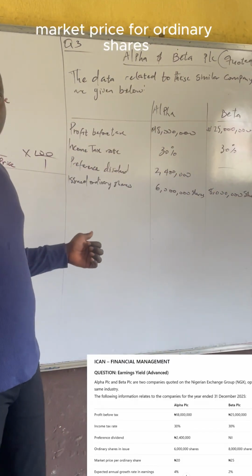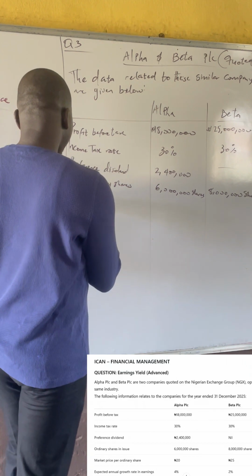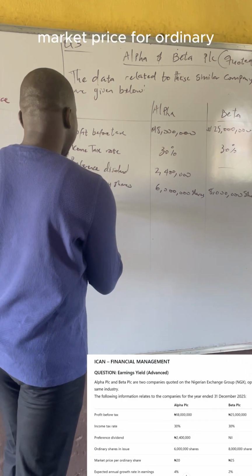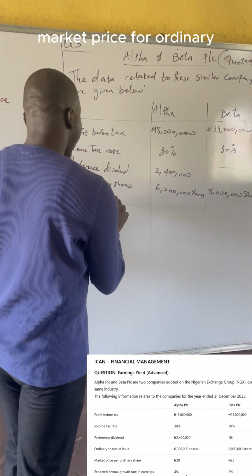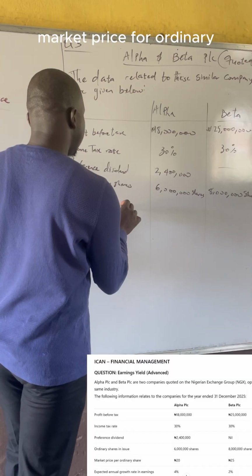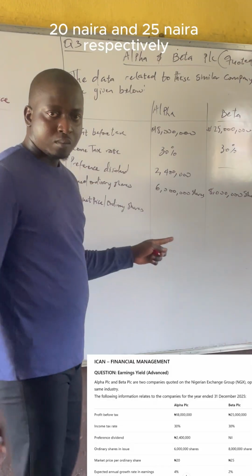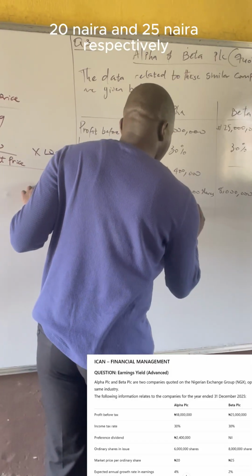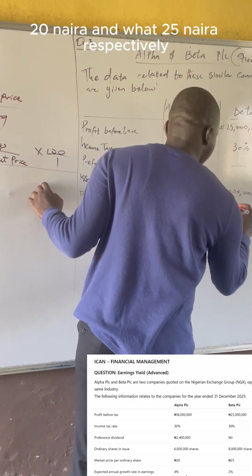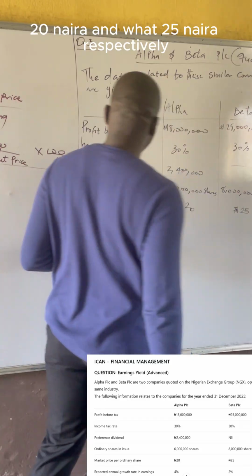Next, market price per ordinary share is 20 naira and 25 naira respectively.